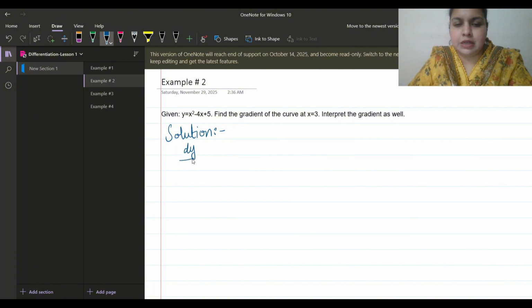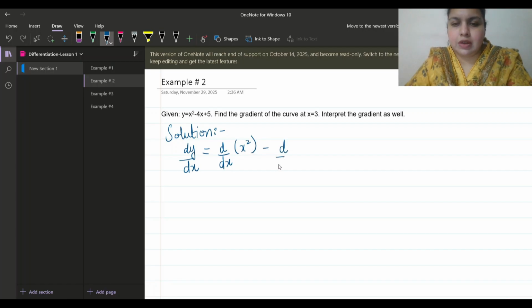So dy by dx is equal to d upon dx. I'm writing the differentiation with each term separately, so it's dy by dx of x squared, minus dy by dx of 4x, plus dy by dx of 5.